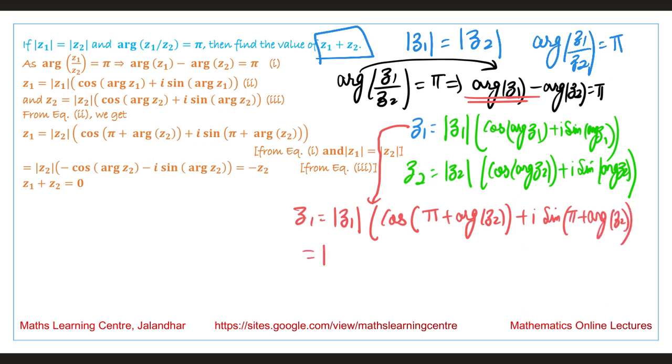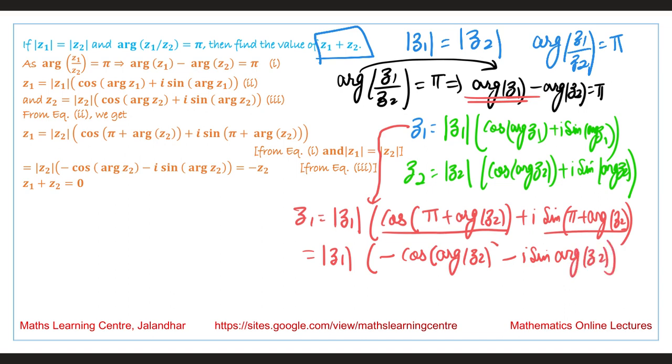So this is equal to mod of z1 into cos of pi plus argument of z2, which equals minus cos of argument of z2, and this term will be minus iota sine of argument of z2. Minus sign we take common, and we are left with mod of z1.